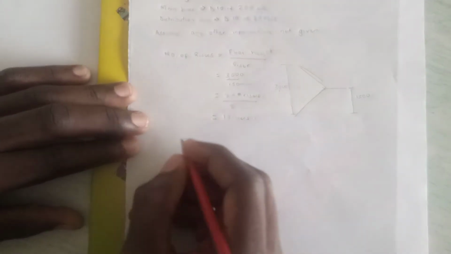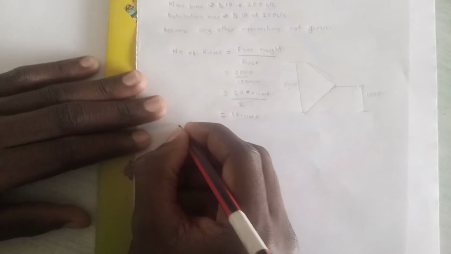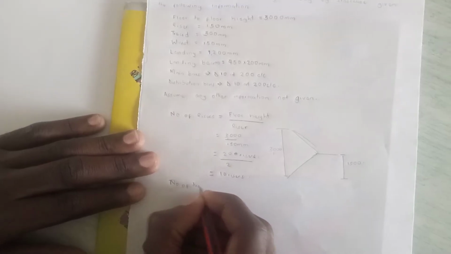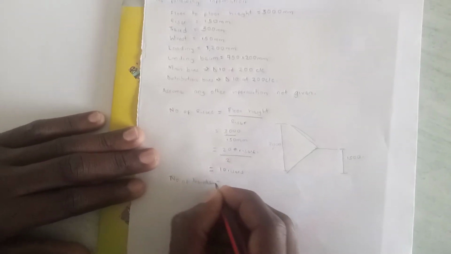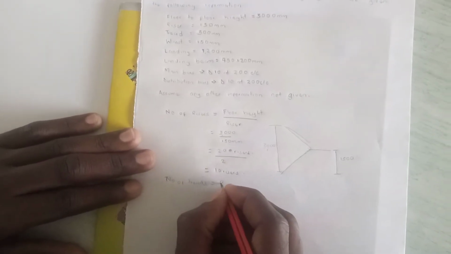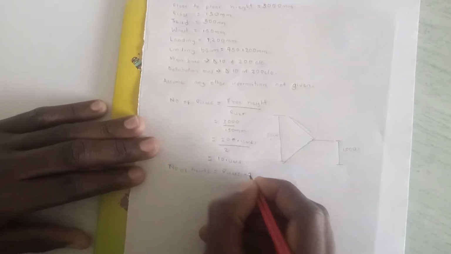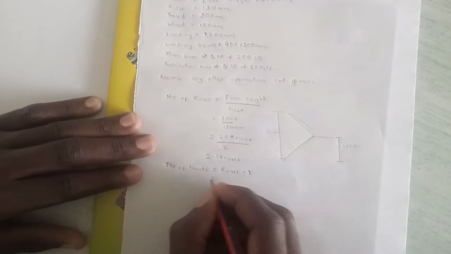So at this stage I can calculate the number of treads. The number of treads is given by the number of risers minus 1.